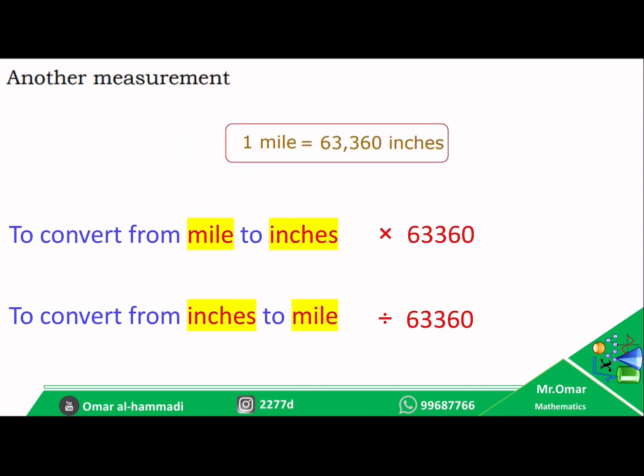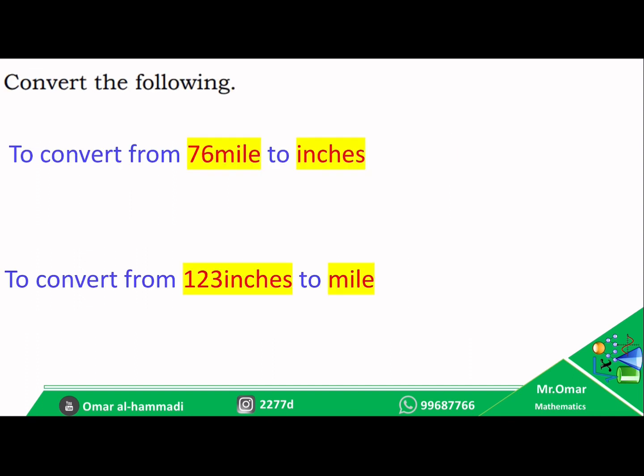And here the other one. This is between miles and inches. 1 mile is equal to 63,360 inches. From mile to inches, we have to multiply by this number. From inches to mile, we divide by this number. So let's take an example. How can we convert 76 miles to inches?